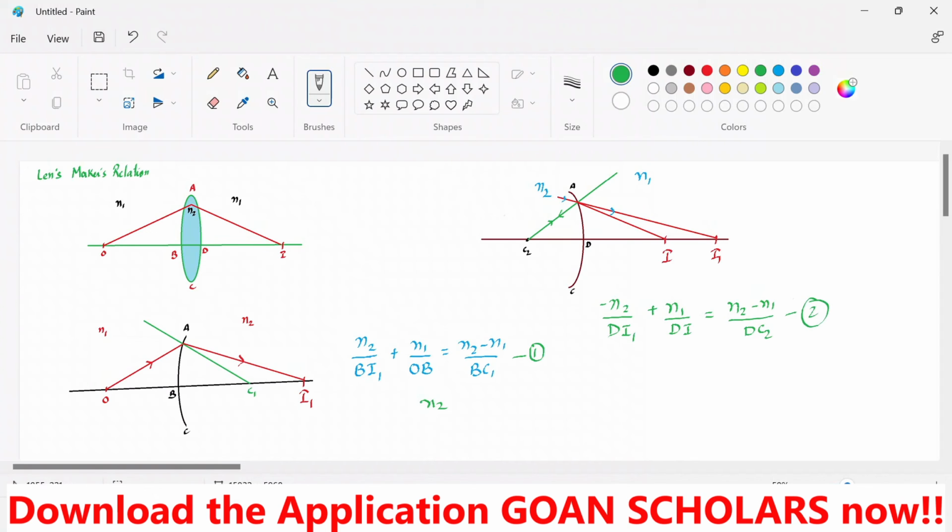On adding equation 1 and equation 2: n2 upon bi1 minus n2 upon di1 plus n1 upon ob plus n1 upon di equals n2 minus n1 upon bc1 plus n2 minus n1 upon dc2. I hope this is clear up till here.